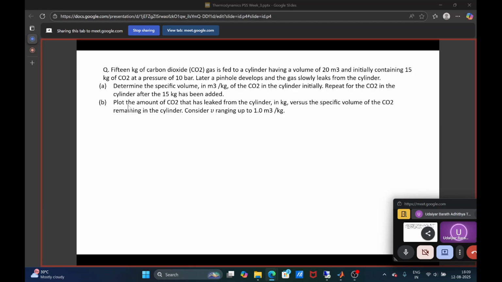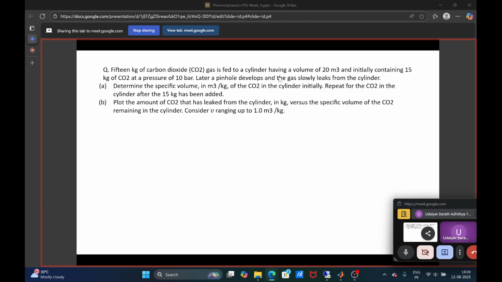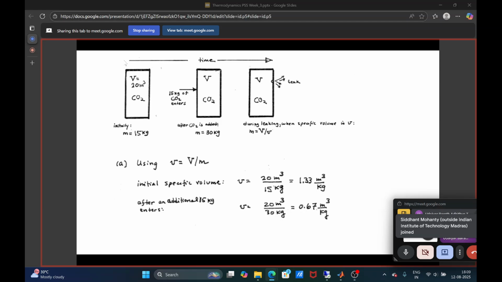So how do you solve this? These are the three scenarios. Initially you have a cylinder with a volume of 20 meter cube and a mass of 15 kgs.